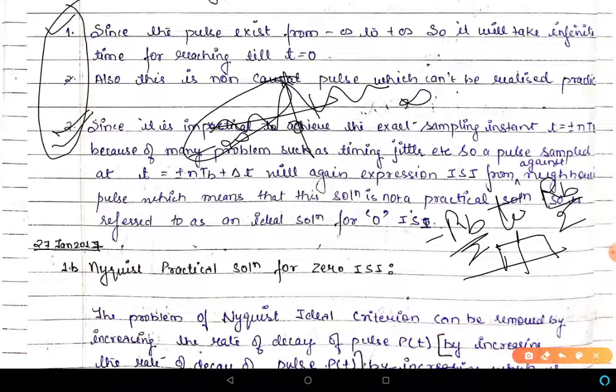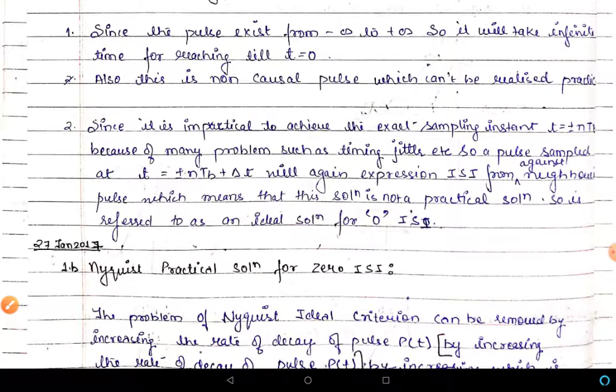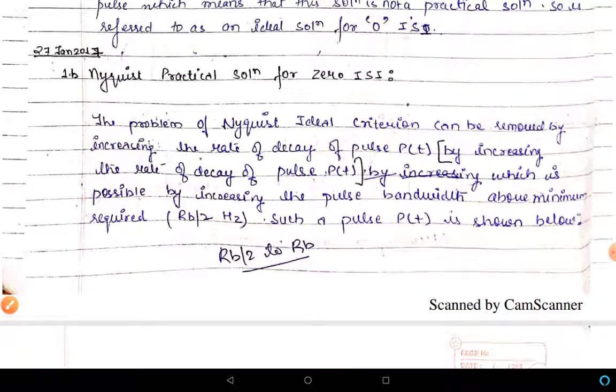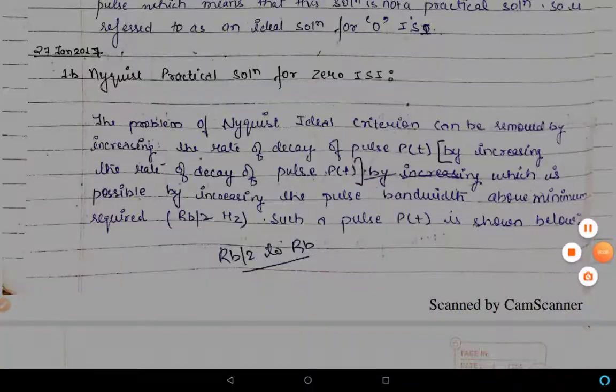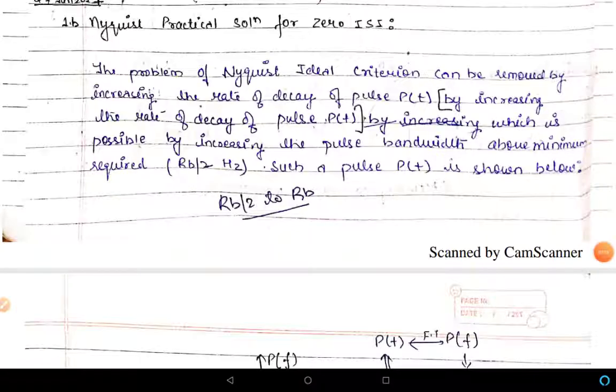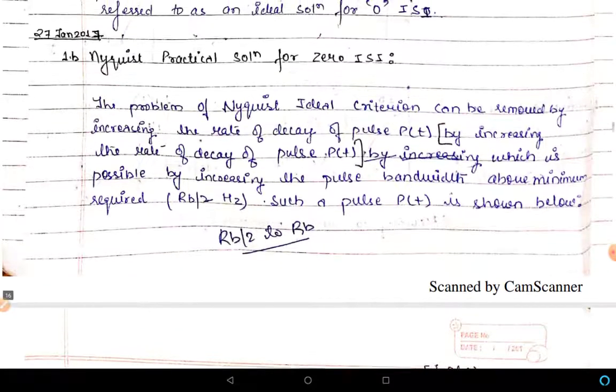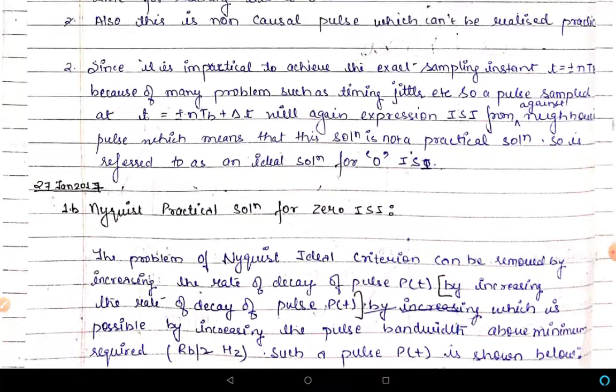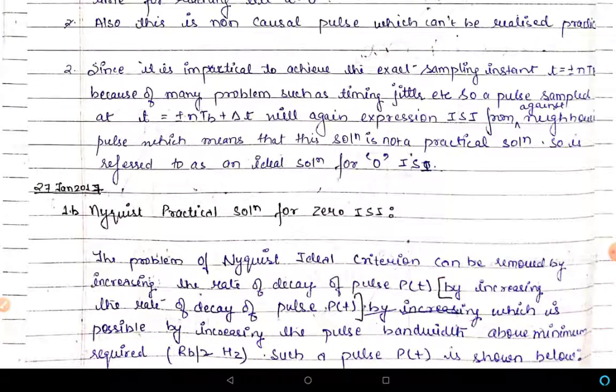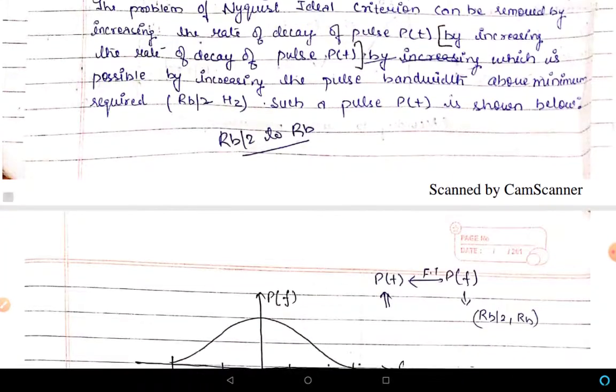So the question arises, what is a practical solution? We will discuss Nyquist practical solution for zero ISI. Let us see how we can have a practical solution. If we concentrate on this second aspect, that sampling jitter is there and that is why ISI will come back again, we can remove this problem.